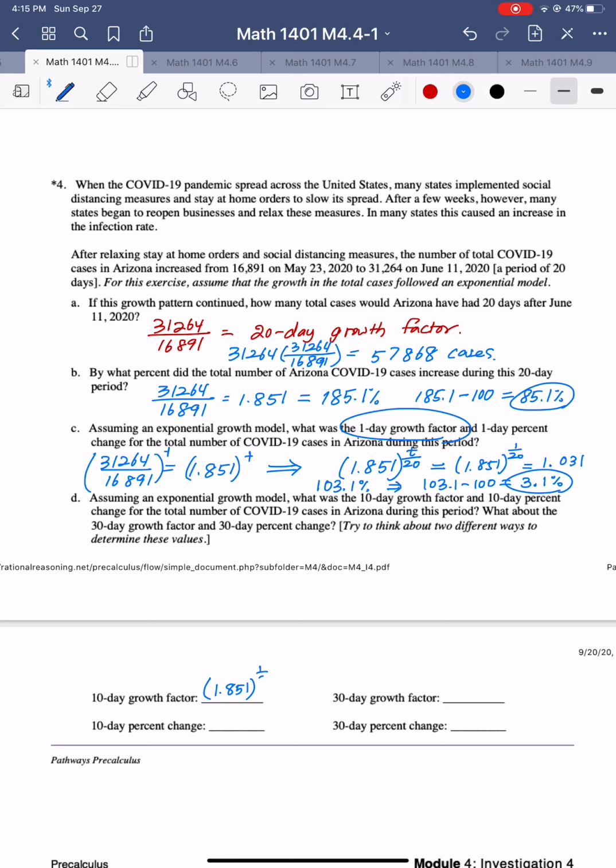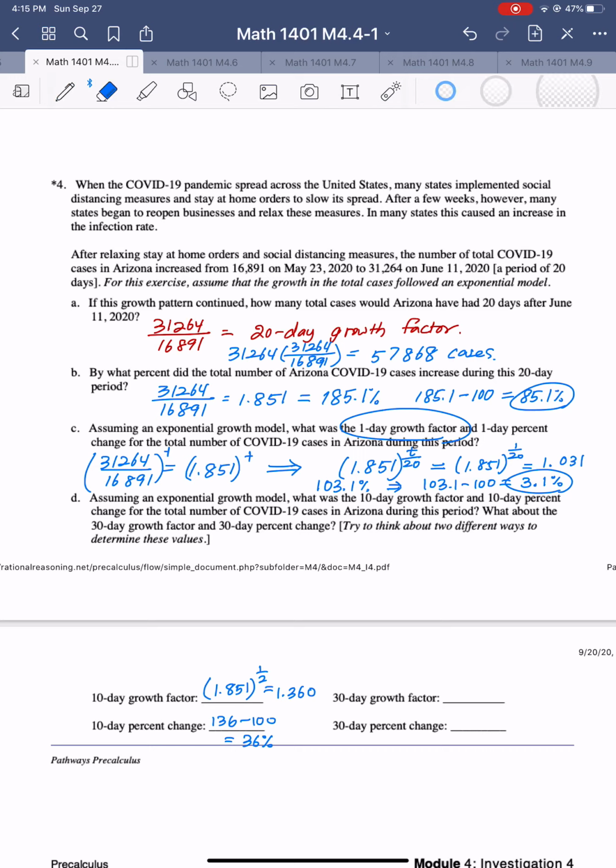So you can say the power 1 over 2, which comes out as 1.360, so the percent change is 136% subtract 100%, which is a 36% change.